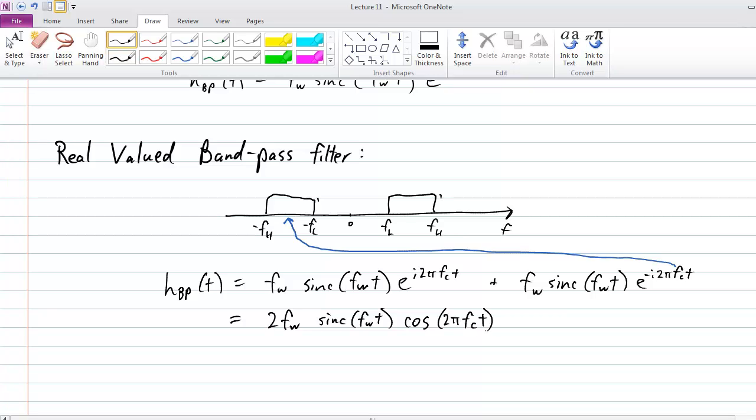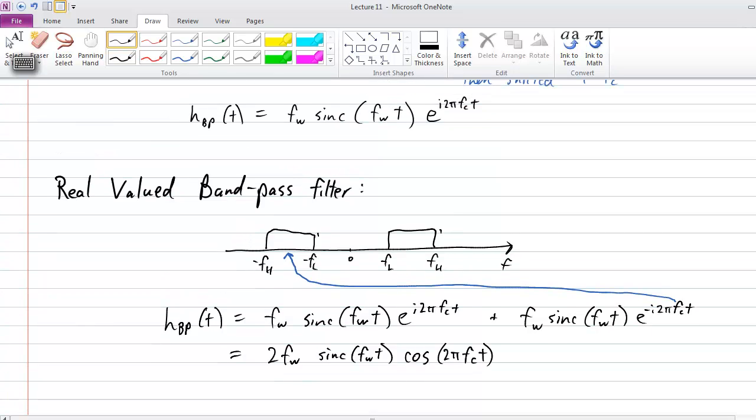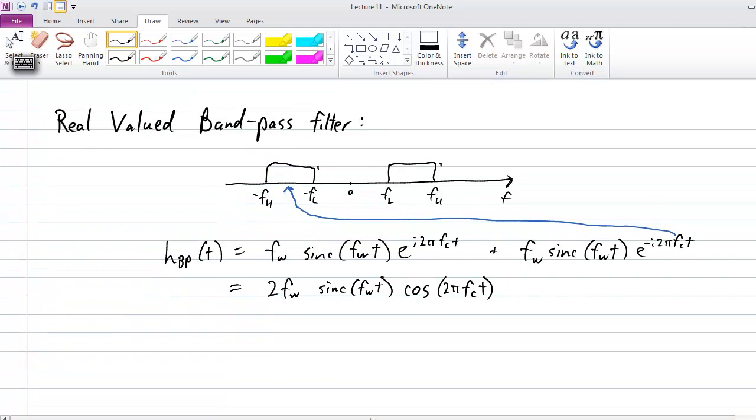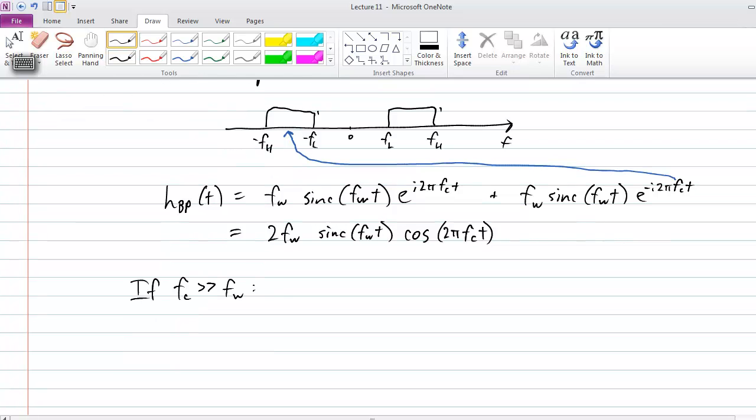Okay, so this we can draw. Now let's assume, for my drawing's sake, that FC is much bigger than this width. So it doesn't look like it here. I don't want to edit the drawing, but I'll just write it here. If FC is much bigger than FW, this is just for the drawing's sake. It looks something like this.